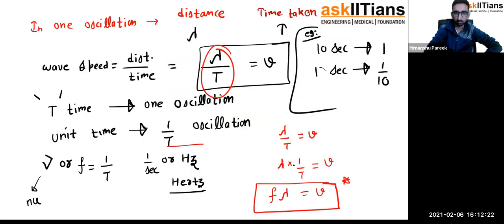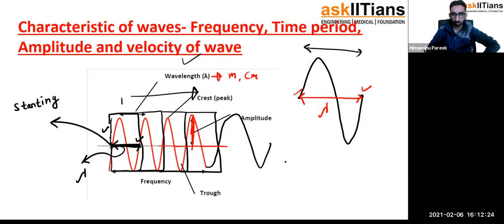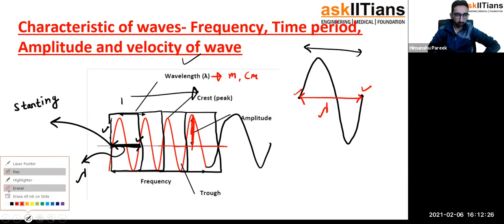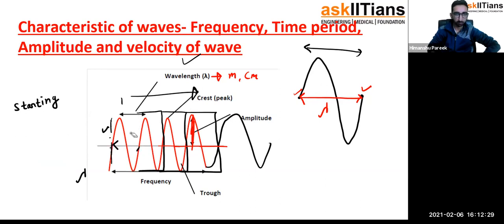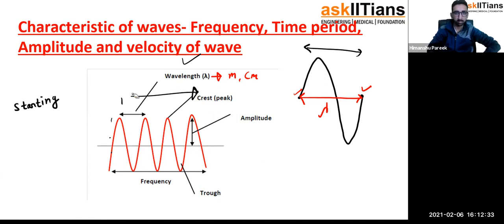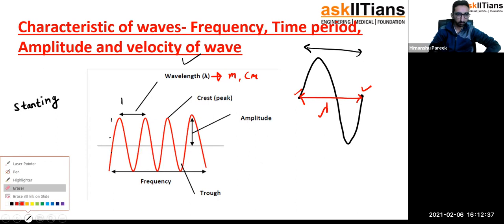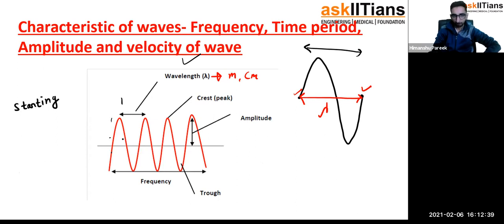Now one more thing. Let us draw this waveform here. We can show a few more terms here. Let me clean this diagram first. So this is what we call the amplitude. This has been shown here.